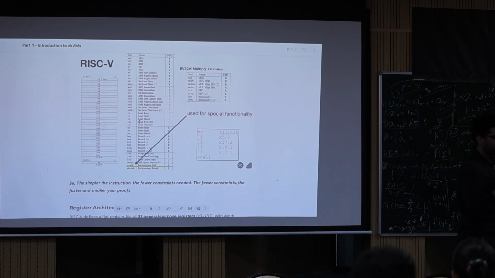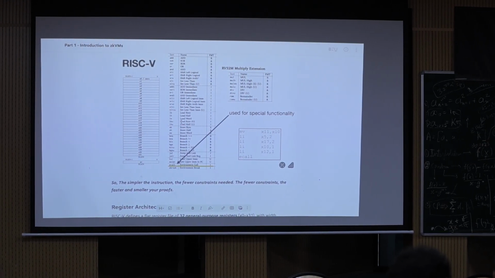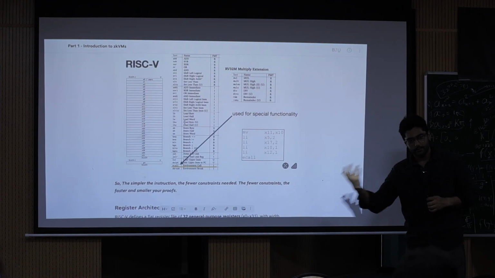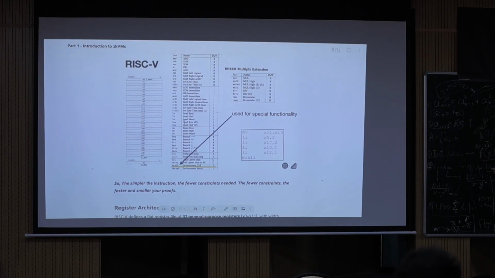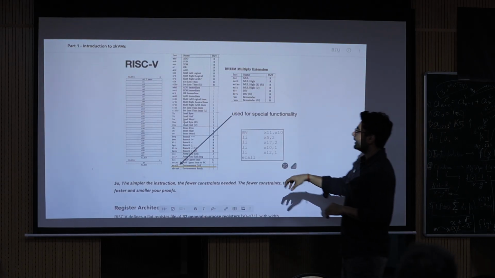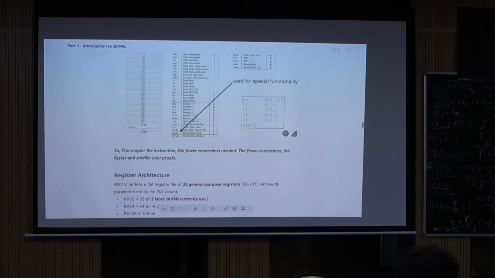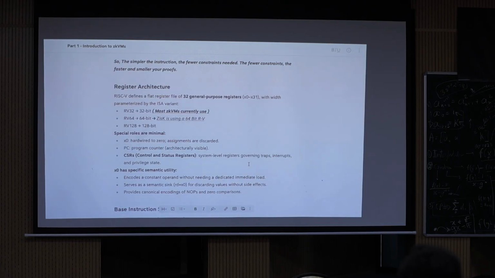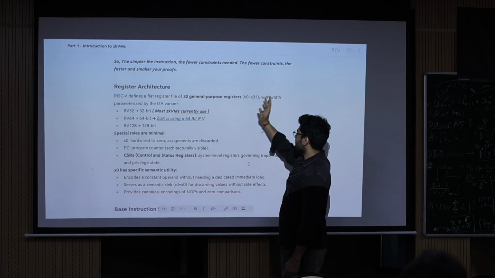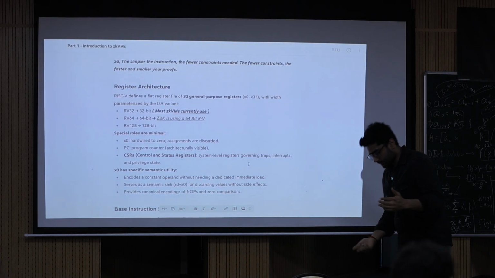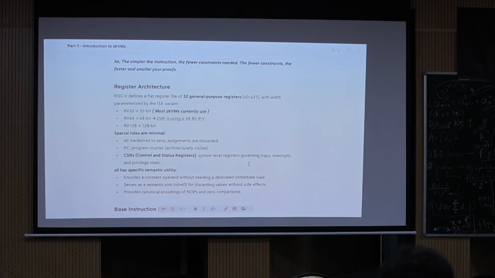You have nearly 47 instructions, a combination of memory, computation, and arithmetic, like adding A plus B, or jump from A to B. These kinds of instructions are clustered into different flags. It's like having general purpose registers from x0 to x31, and a bunch of base instructions, memory instructions, arithmetic instructions, and more.